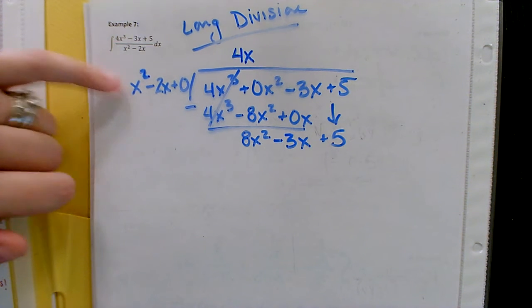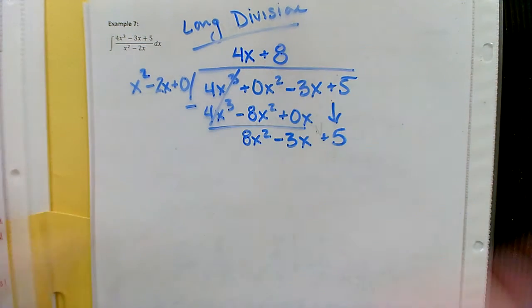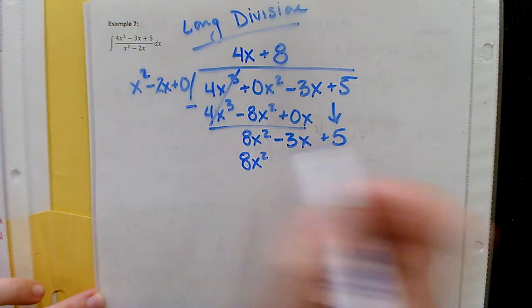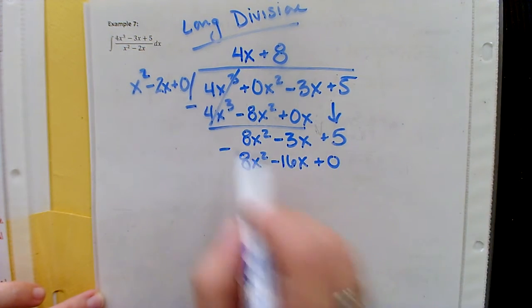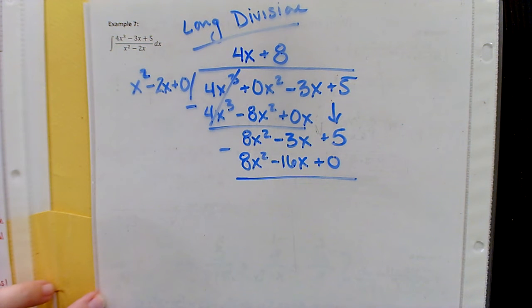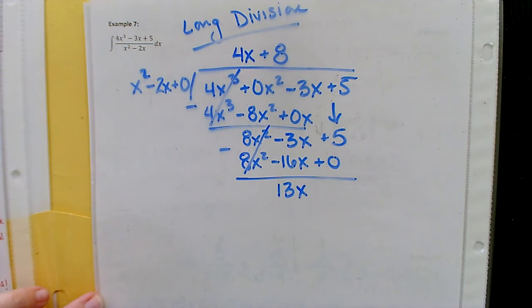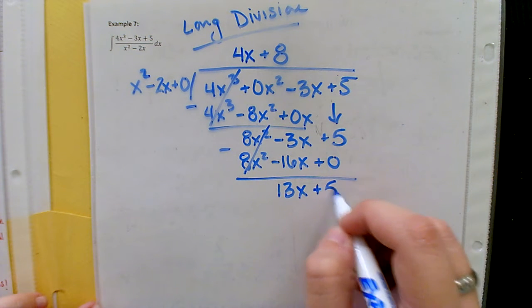All right, so what do we have to multiply x squared by to get an 8x squared? 8. Multiply that over to your divisor and subtract. First terms cancel. Negative 3 minus negative 16 will change to a plus 16. And 5 minus 0, we're left with 5.